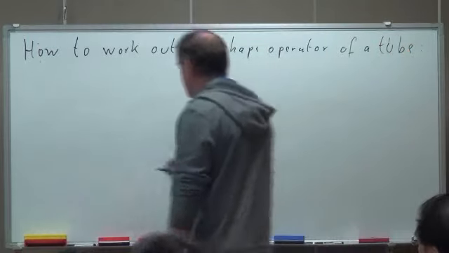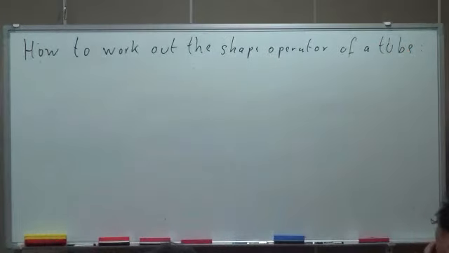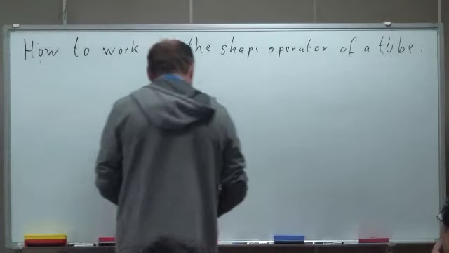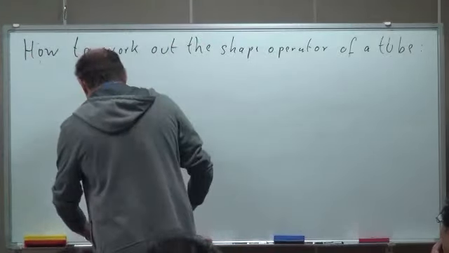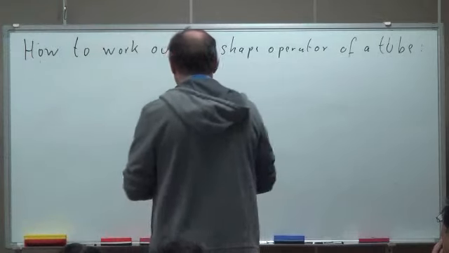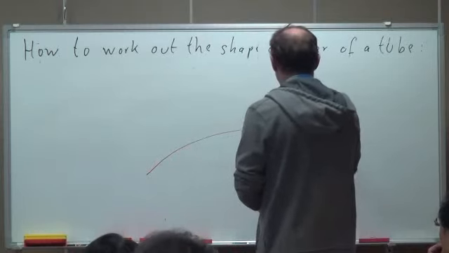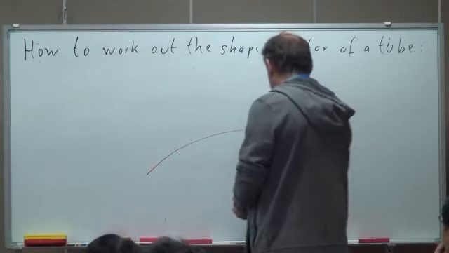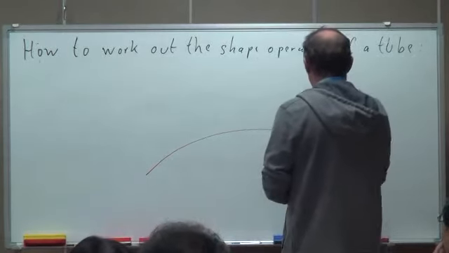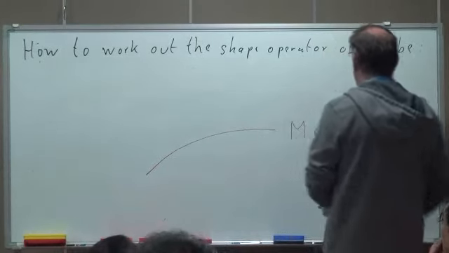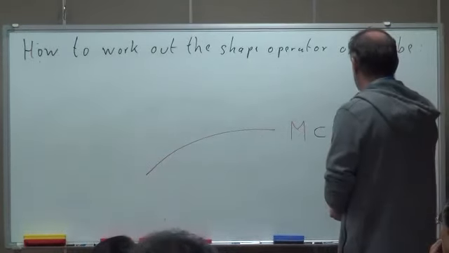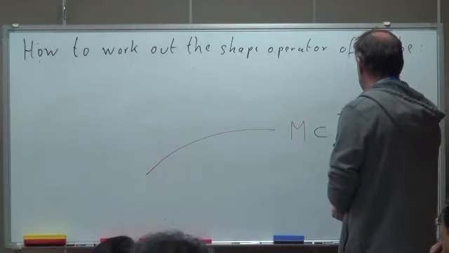There is a general method that works in a general Riemannian manifold. So suppose we have a submanifold. I can use different colors now. Suppose here we've got M bar, our Riemannian manifold, just an arbitrary Riemannian manifold.